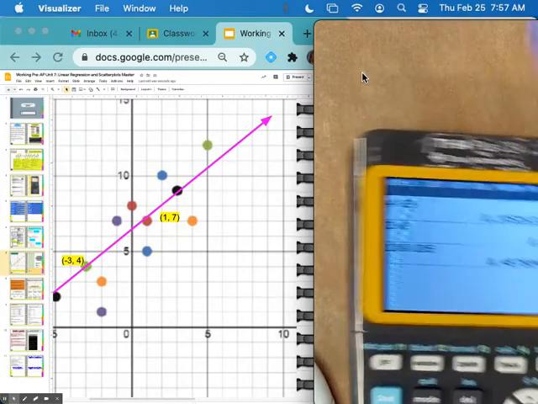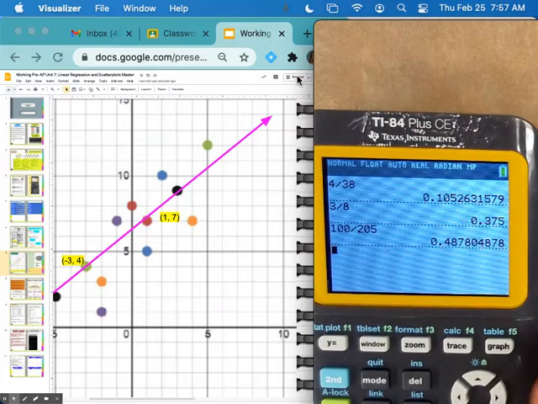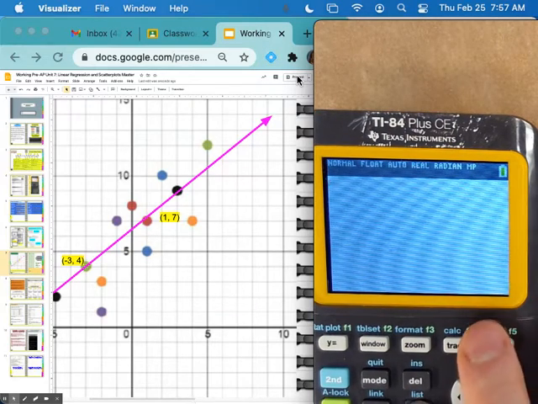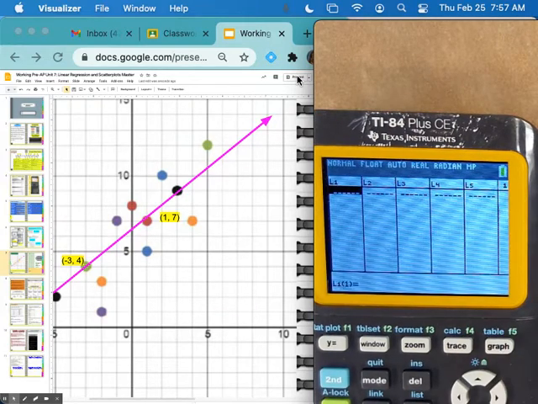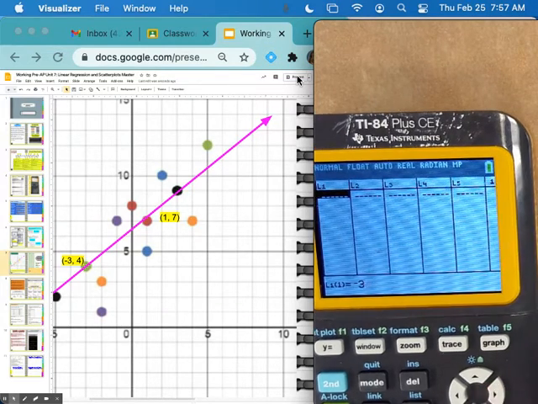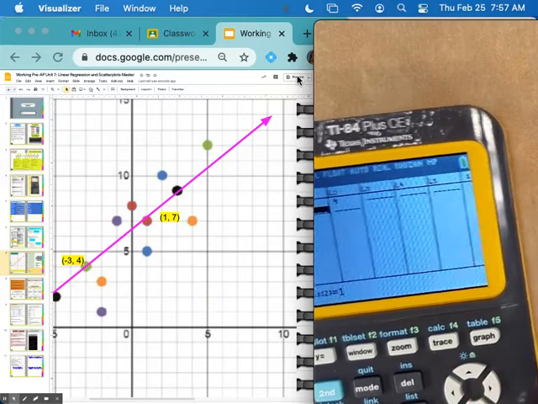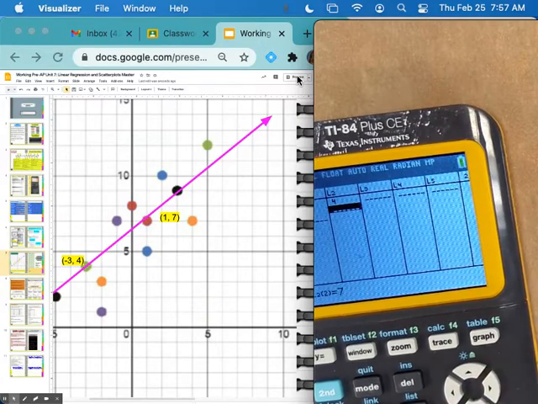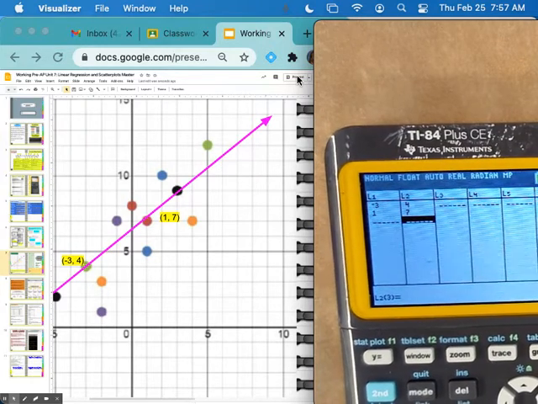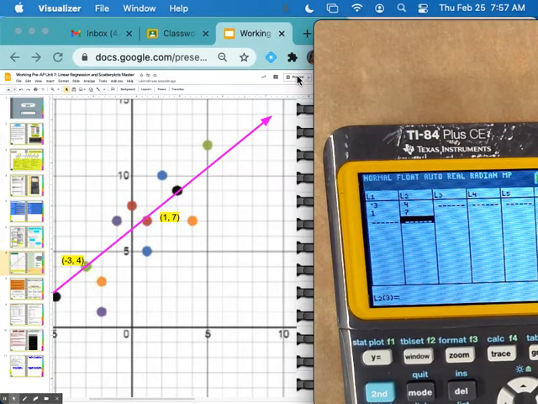So we need to put these in. Go to Stat, Edit, and we're just going to put in those 2 points. So negative 3 and 4, and then 1, 7. I'm just putting in those 2 points only because I want the line of best fit, the trend line, that just uses 2 points.